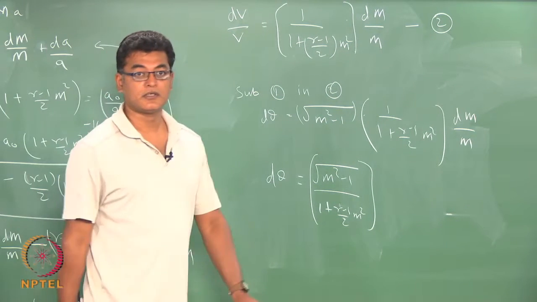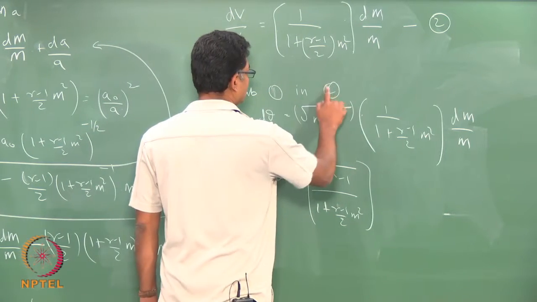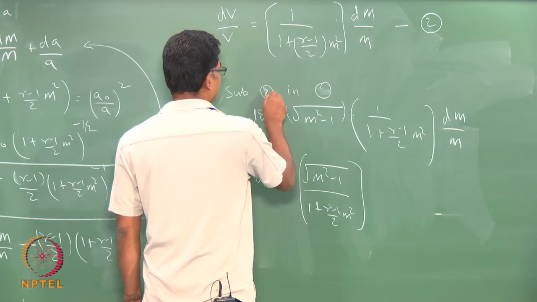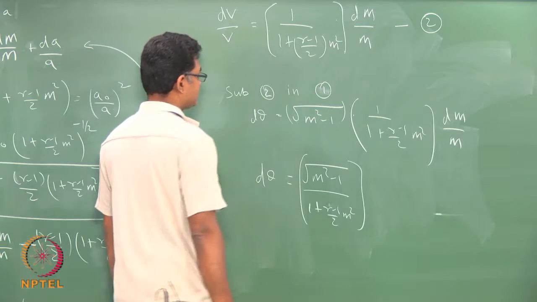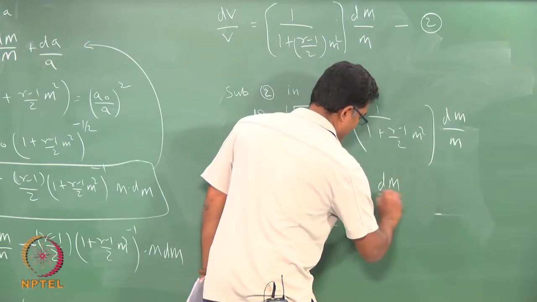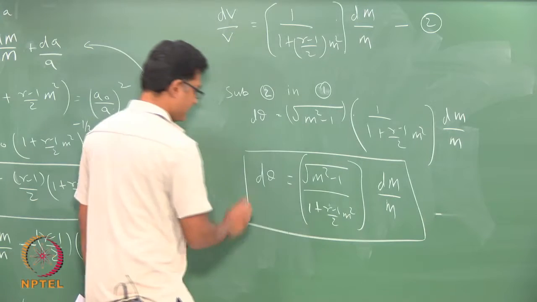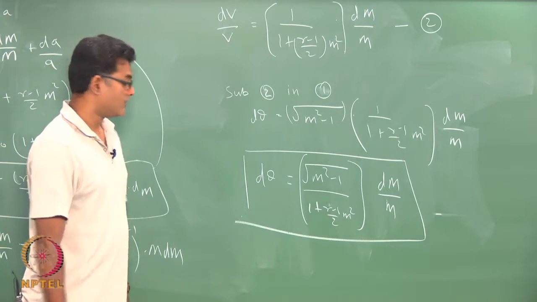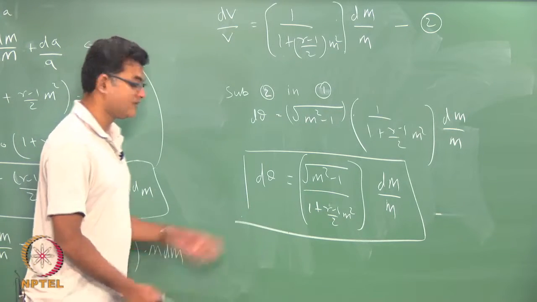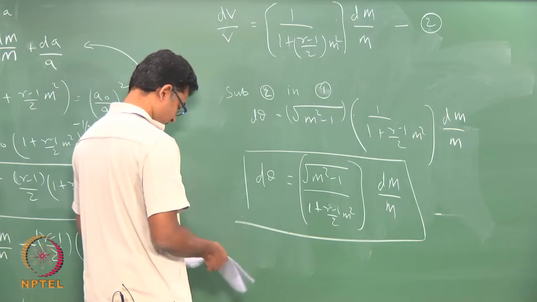Substitute 2 in 1, I get dM by M. So, the integration of this is your so-called Prandtl-Meyer function.